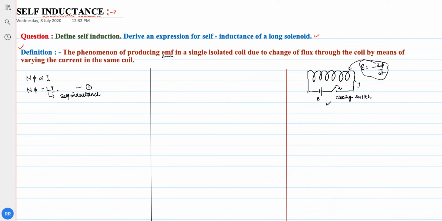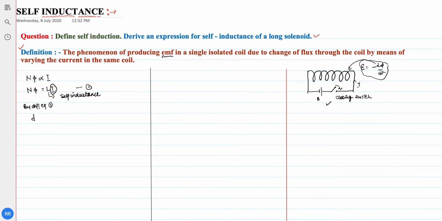Now what you do is, if you vary this part, if you vary the current, what will happen then? Then this part will also vary. So I will differentiate equation number 1 with respect to t.